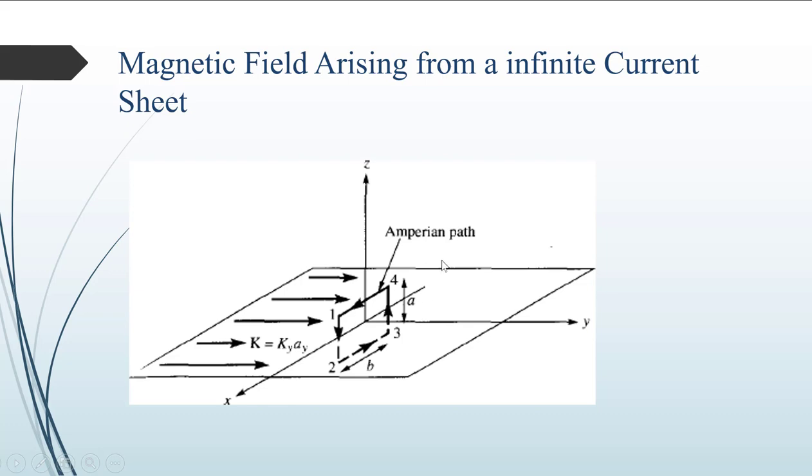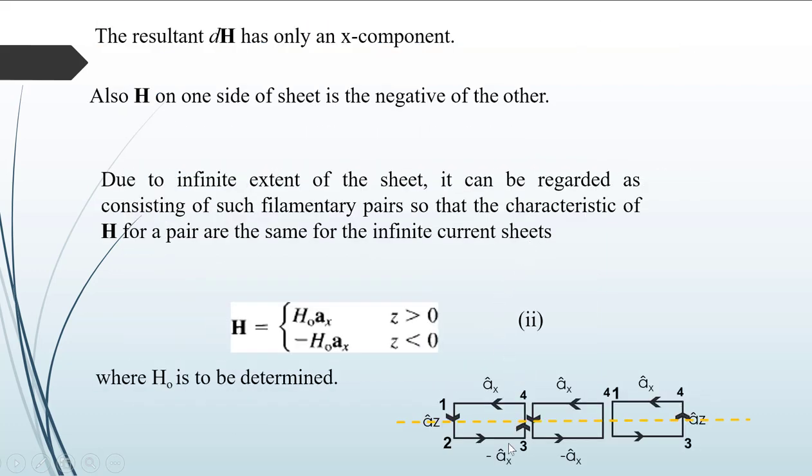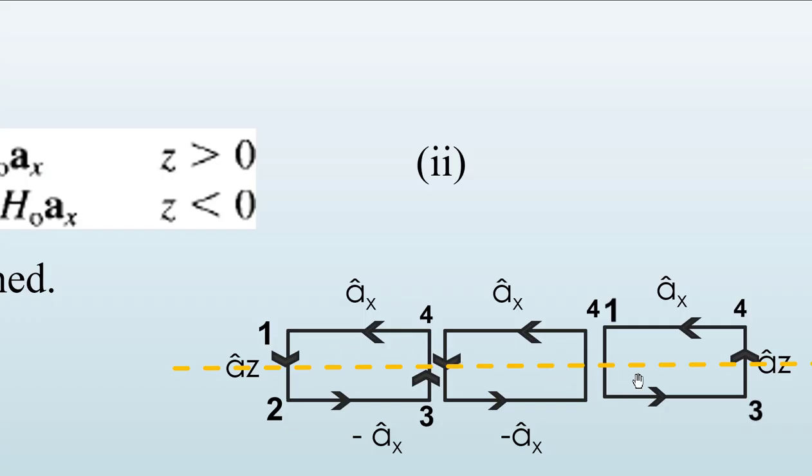There can be multiple such filaments placed at infinite distances, as shown in this figure. They can each carry a small part of the magnetic field intensity dH bar, and if you integrate all dH together, then you will get the complete H.